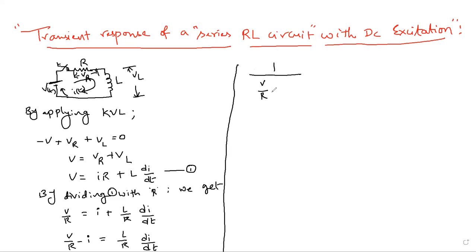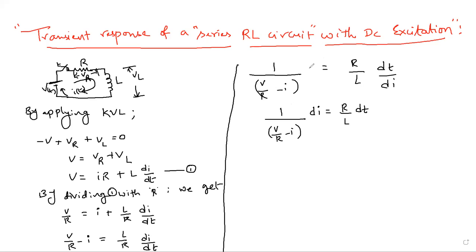So 1 by (V by R minus I) equals R by L dt by di. Right? Up to this, okay for everyone? Now again do the cross multiplication.